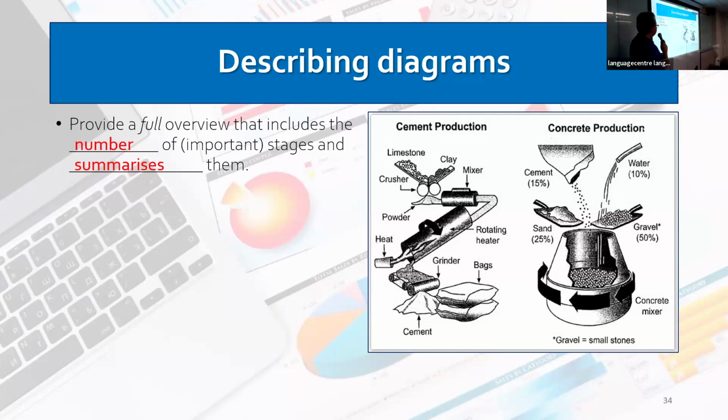What I mean is you need to be more specific in your overview by doing two things. Number one, tell me the number of the stages. And number two, try to summarize the key stages.